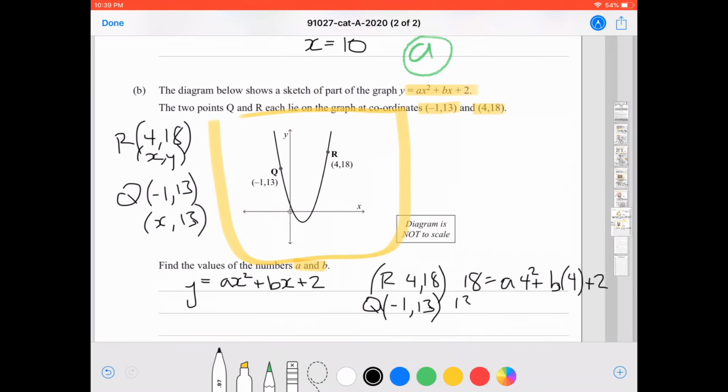And so in this case it's 13 equals a times negative 1 squared plus bx, so negative 1, b times negative 1, and plus 2 again. And I've just run out of room, plus 2. Okay.